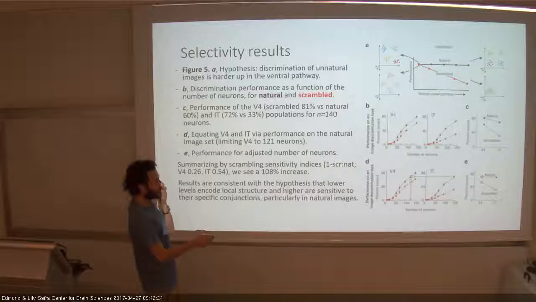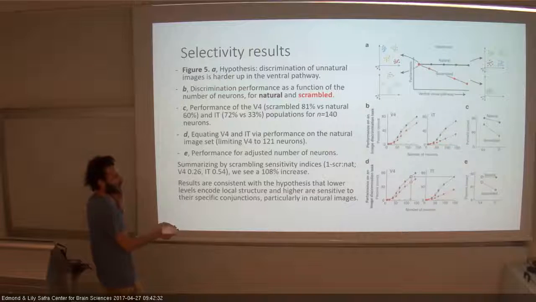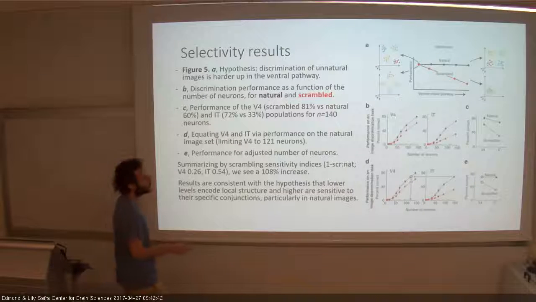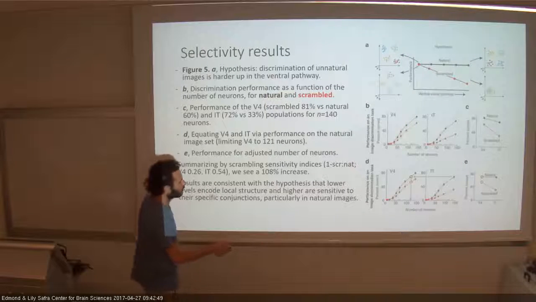But the difference is much higher in IT, meaning the performance for the scrambled images for the entire population of neurons is like 33% versus 74% for the natural in IT, and closer for V4. We can see them summed up here for the entire 140 neuron population.